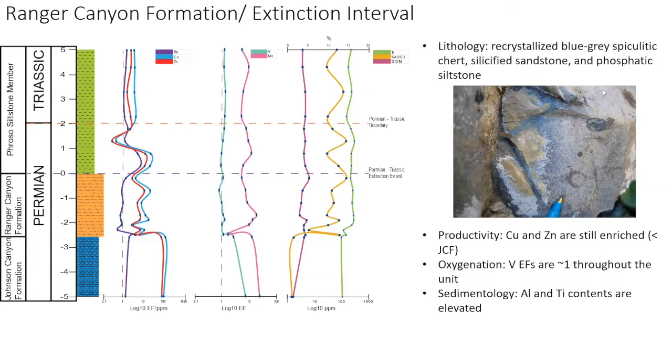For productivity, we know that copper and zinc are still enriched, but to a lesser extent than what we saw in the previous Johnson Canyon Formation. For oxygenation, vanadium is roughly around 1 in value throughout the entire unit. And finally, for sedimentology, we see that aluminum and titanium contents become elevated with the deposition of the Ranger Canyon Formation, excuse me.